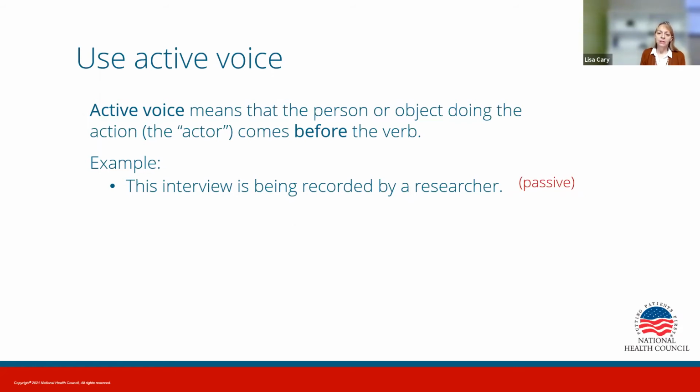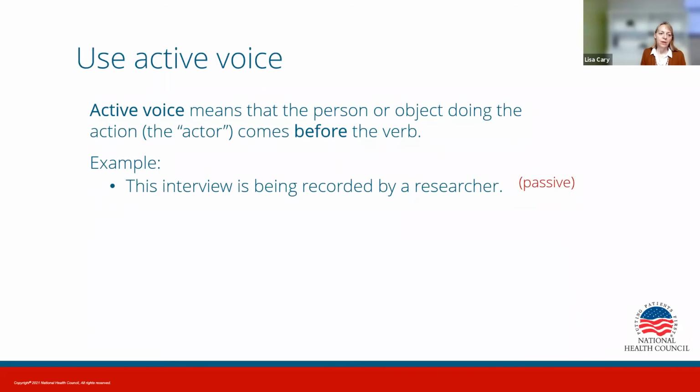It clarifies who's doing what, and that simplifies the sentence and clarifies the action for readers. So active voice means that the person or object doing the action, who we call the actor, comes before the verb.